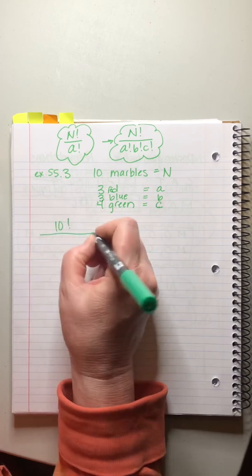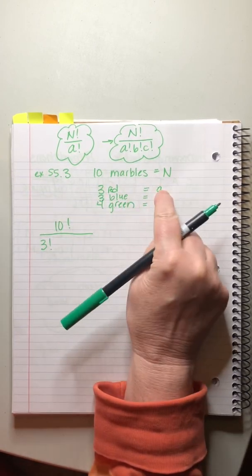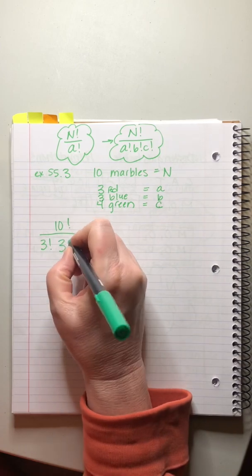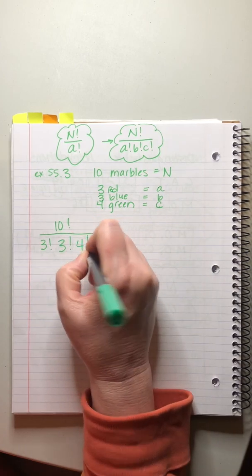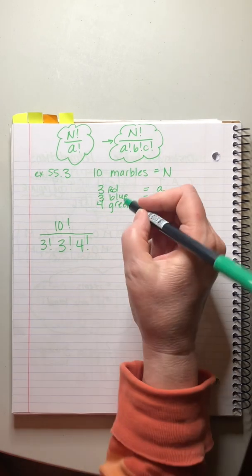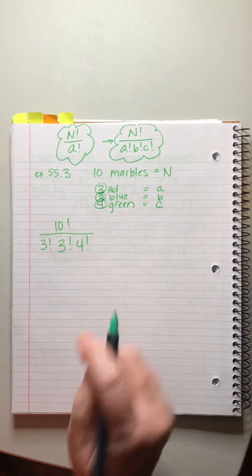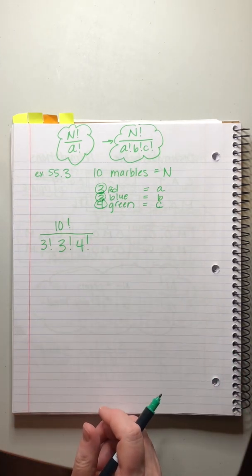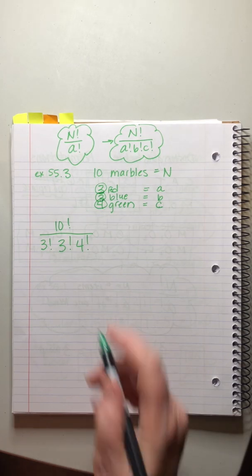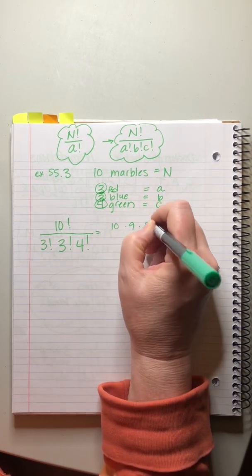And so then the way we do this is it's 3 factorial, because we have 3 items in one, and then we have 3 items in the next, and then we have 4 in the next. Okay, so these numbers are the numbers that I divide by. Make sense? Ish. Then we can do the math on this. This is kind of fun to do by hand.